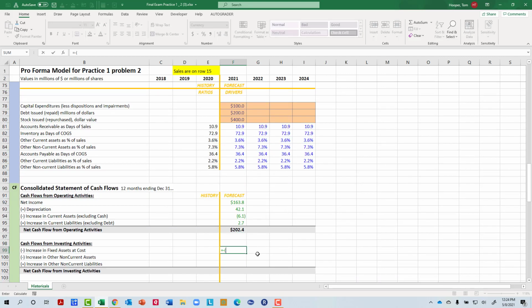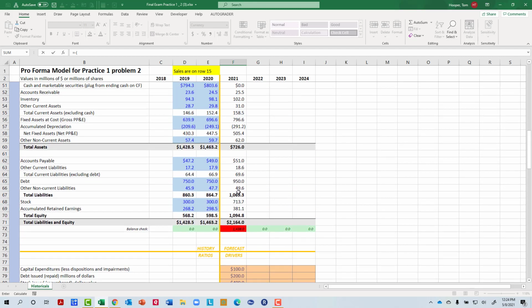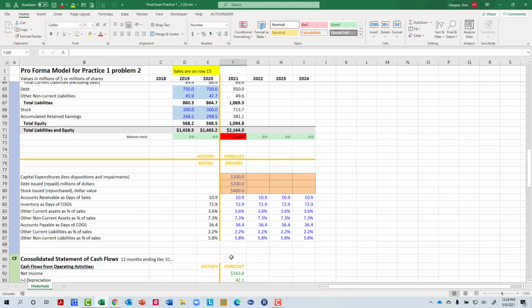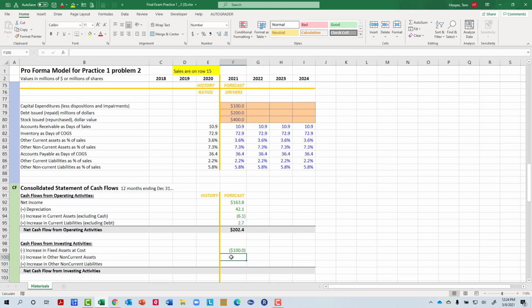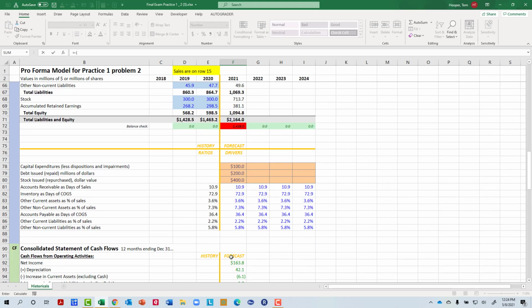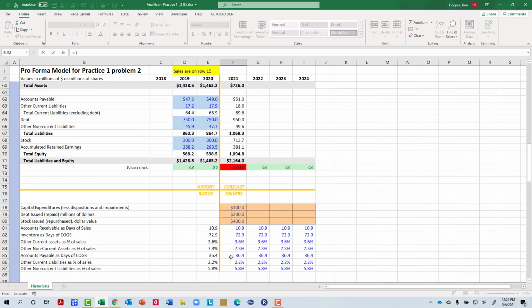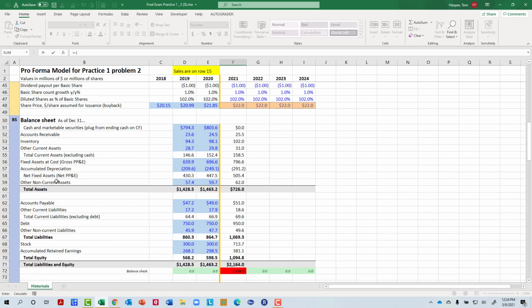We're going to need to subtract off any increases in our gross PP&E. Should be exactly that amount that we invested, 100. Got used up, so it's negative. And then subtract off any increases in other non-current assets.